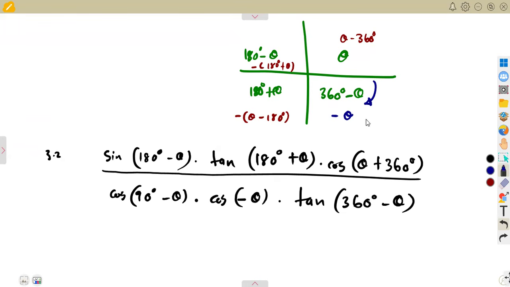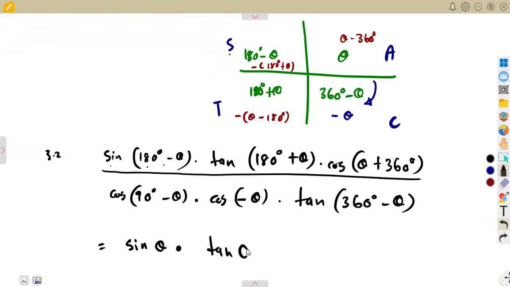As you can see, also considering the CAST concept to conclude, the sine of 180 minus theta: 180 minus theta is in the second quadrant, and that is the quadrant of sine, so sine is positive there. Times tan of 180 plus theta: 180 plus theta is in the third quadrant, the quadrant of tan, and tan is positive there.